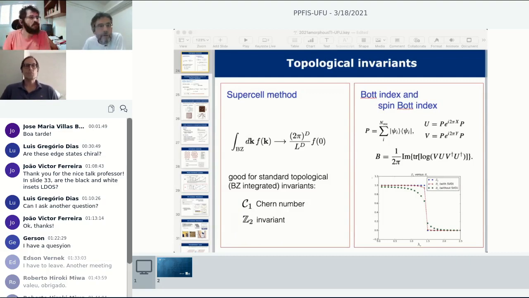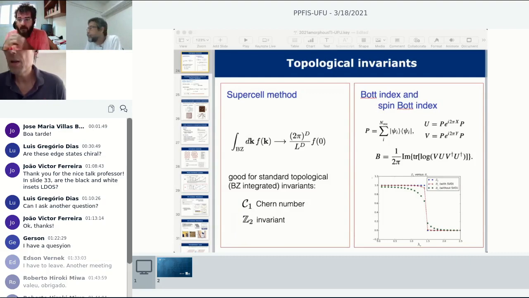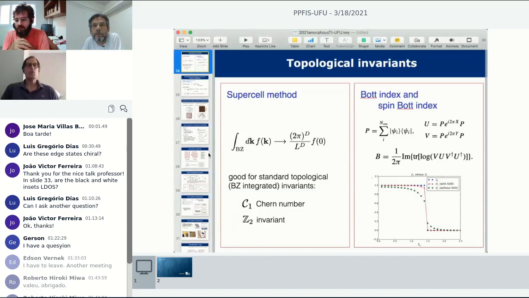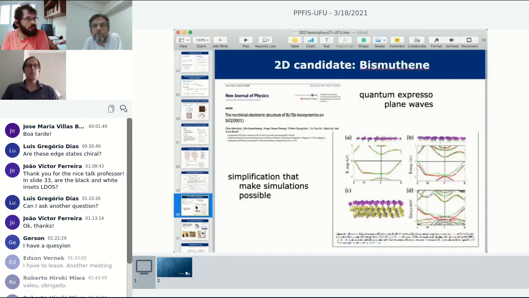I have a quick one. Did you try to do this Bott index calculation, or did you never try it? Yeah, I didn't in the first paper, but in the second, yes.